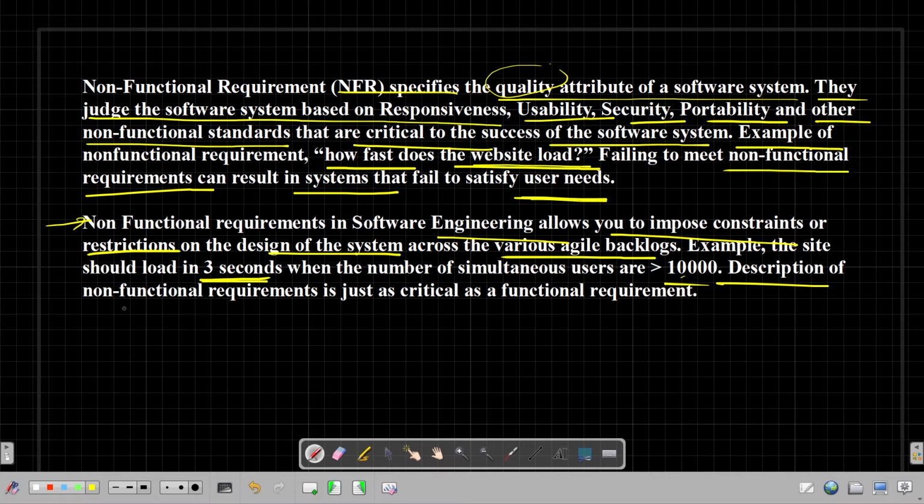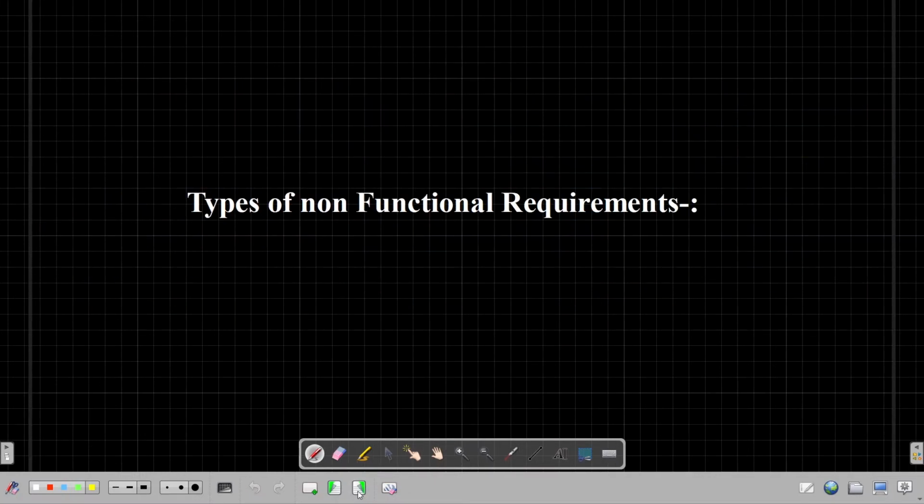So the description of non-functional requirements is just as critical as functional requirements. So this is the brief definition of non-functional requirements, or NFR. In the next slide, let's check out the types of non-functional requirements.